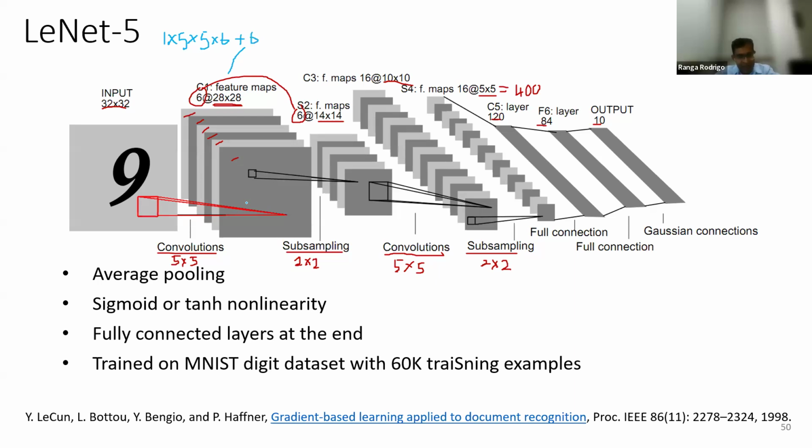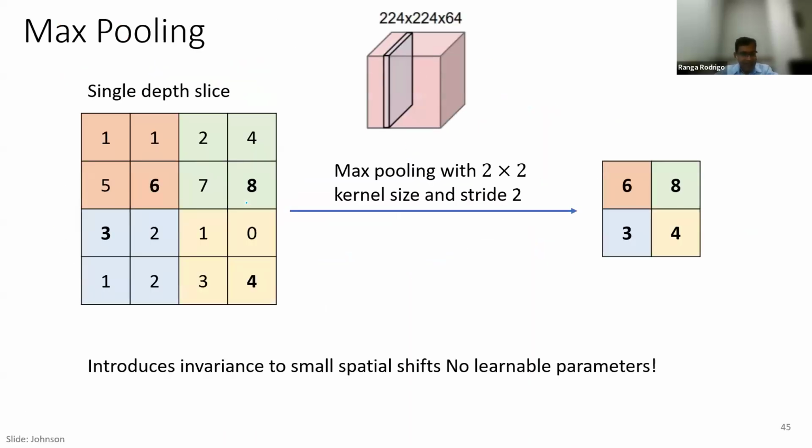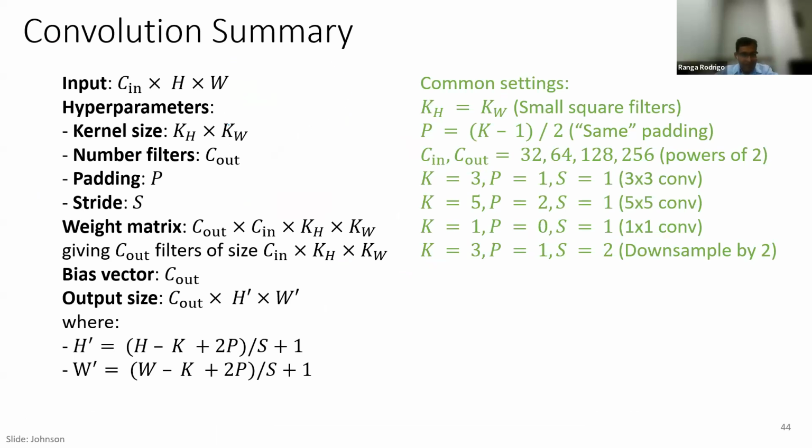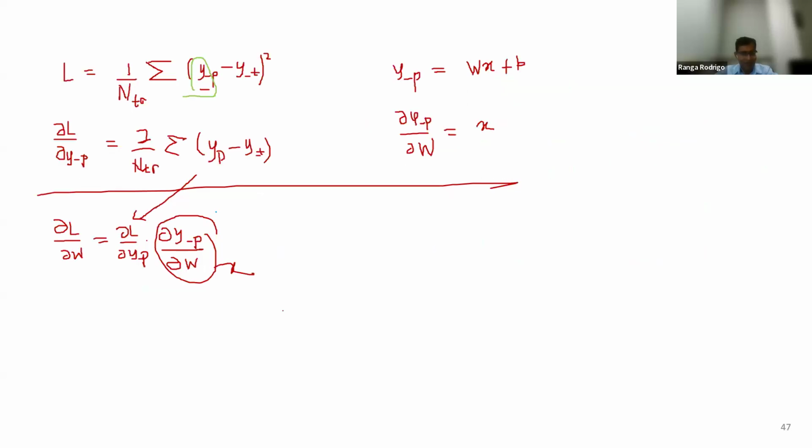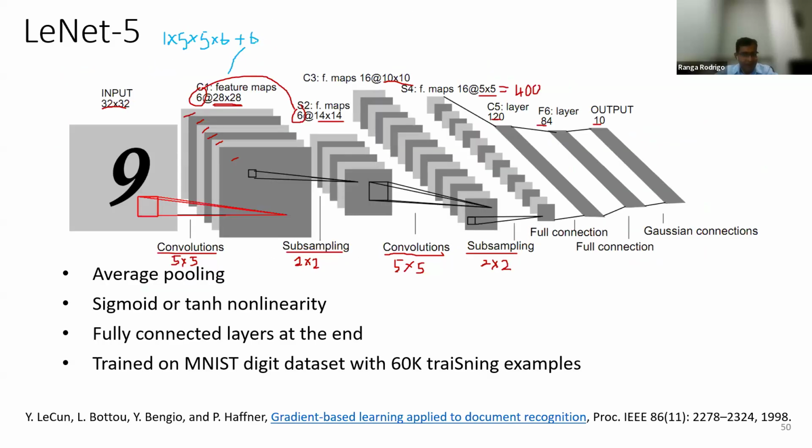Okay, so let me take you back to the slide we had about this convolution summary. So you can see weight matrix is kh times kw, the convolution kernel size. C in is the number of channels, and that many convolution kernels are there, right? C out times C in times kh times kw. Okay. And because of the biases you have that, and you can see.